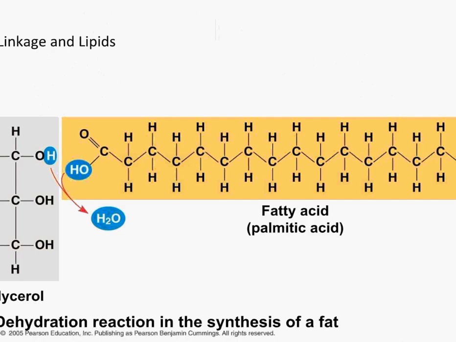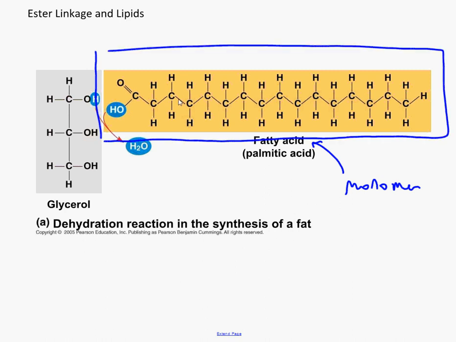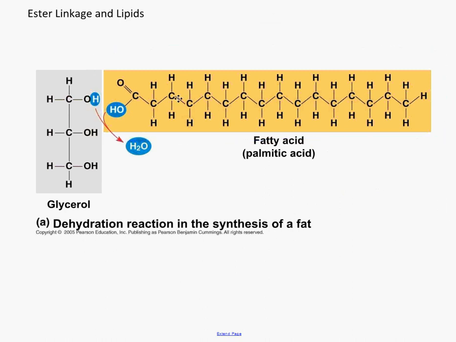Here's a picture of a basic lipid. The monomer of lipids is called a fatty acid. As you can see here, this structure here is known as a fatty acid. It is a long chain of hydrocarbons. And remember, we talked about hydrocarbons being a big source of energy.